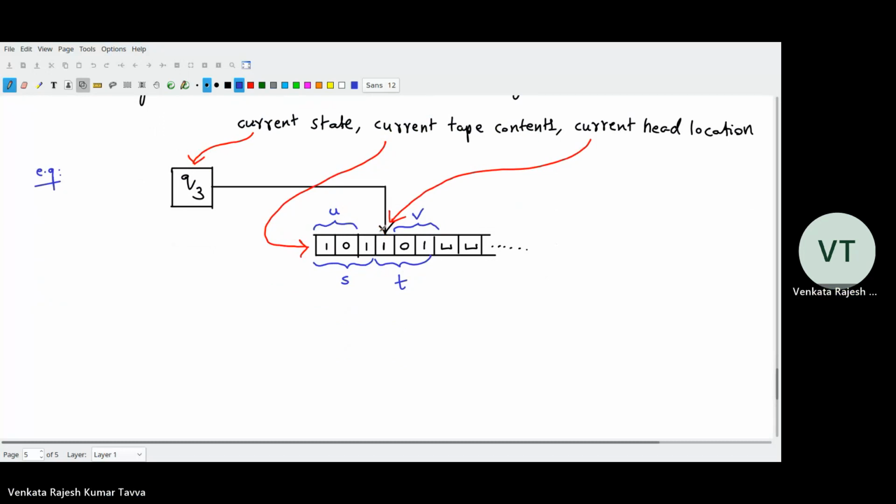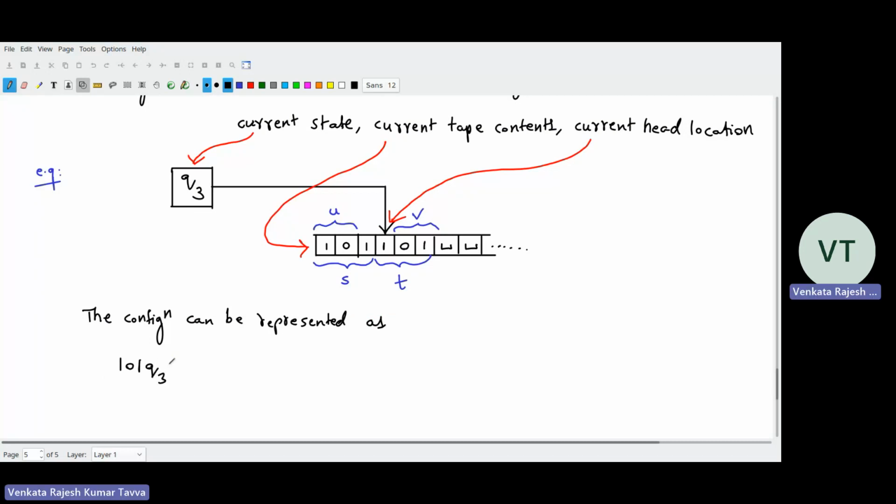So the configuration can be represented in multiple ways: 101, Q3, 101.